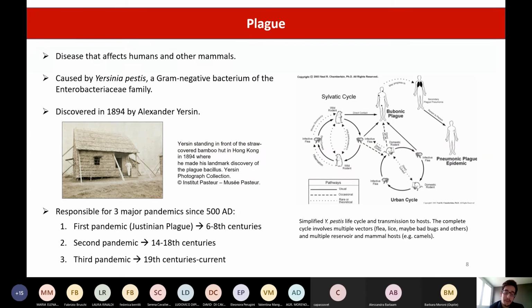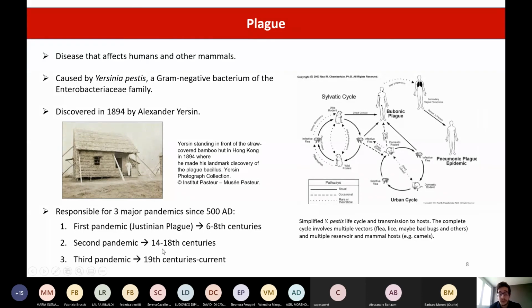And Yersinia pestis is responsible for 3 major pandemics in the last 2,000 years. The first one, the Justinian plague. The second one, which is the most known, that started with the Black Death in 1347 and devastated Europe for 400 years, killing half of the population of the continent.